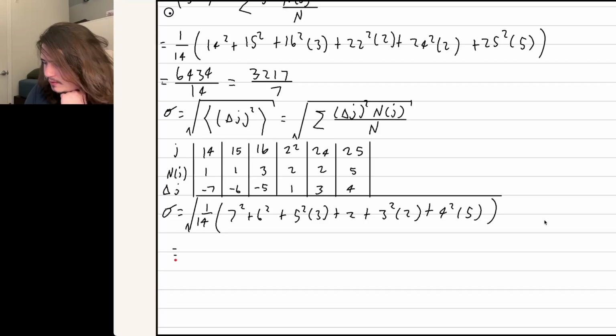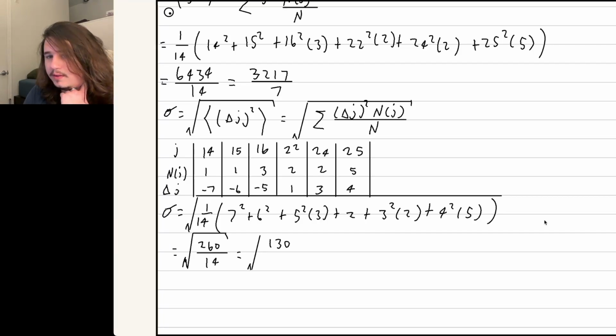That ends up being square root of 260 divided by 14. Also not a nice fraction, which can be reduced to 130 over 7. Cool.